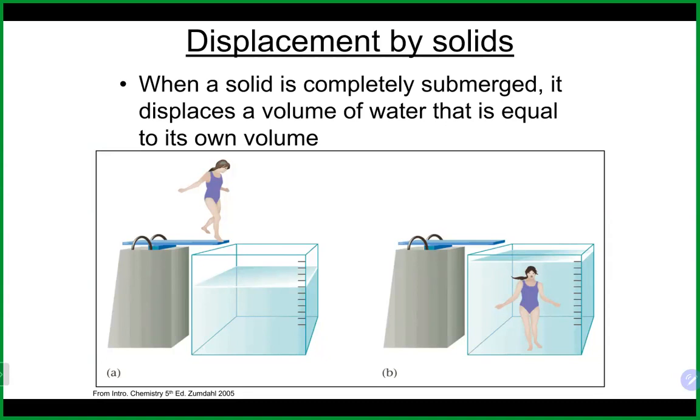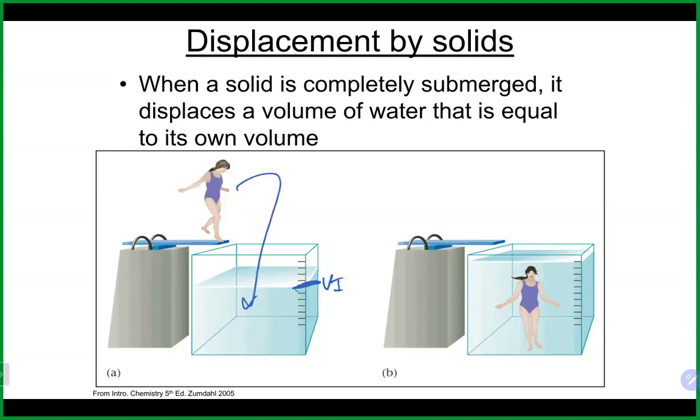A third way, which is a very, very common way that we figure out the volume of some type of solid, is what's known as displacement. Displacement basically is the idea that when we put a solid object into some liquid like water, it will displace a volume that's equal to its own. So for example, here, before she jumps into the pool, that is the initial volume.